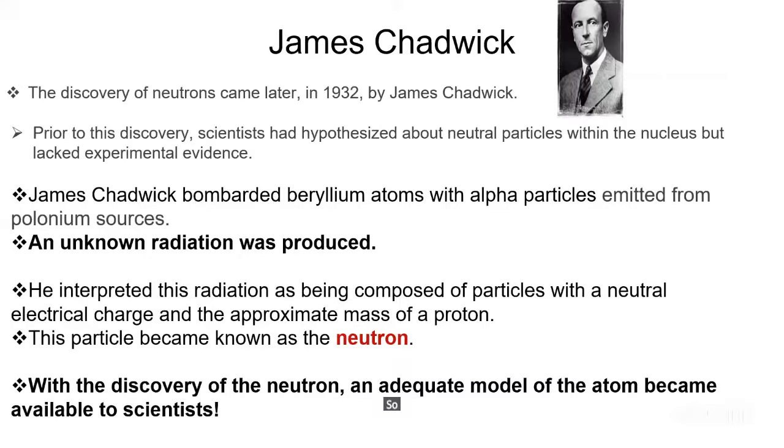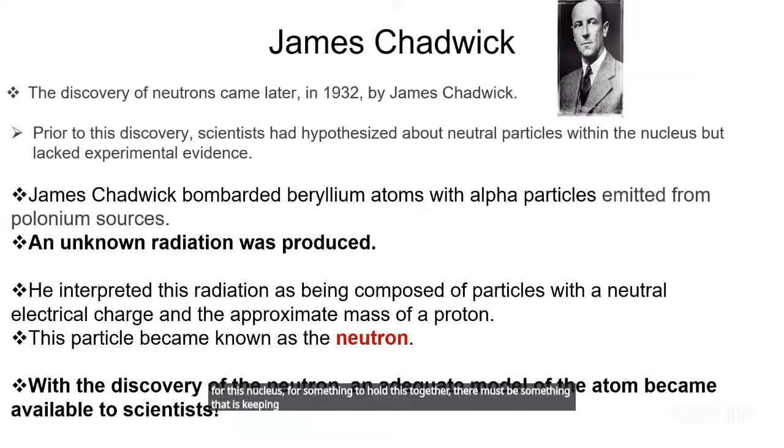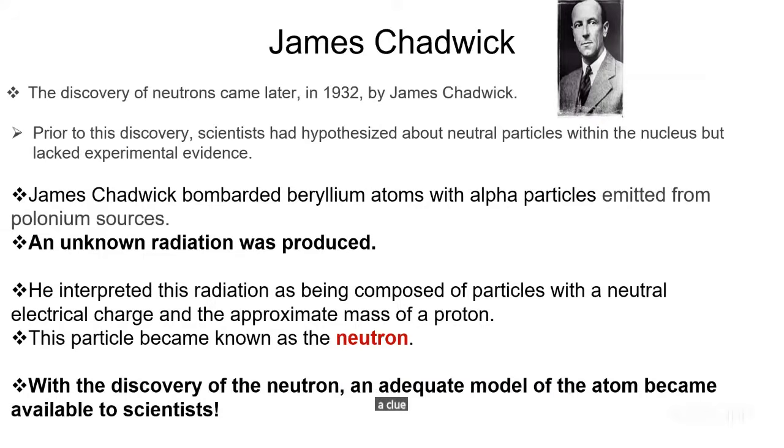So James Chadwick started thinking that for something to hold this nucleus together, there must be something that keeps the protons from repelling each other. Another clue that came to him was this. Scientists at that time knew about atomic mass units.